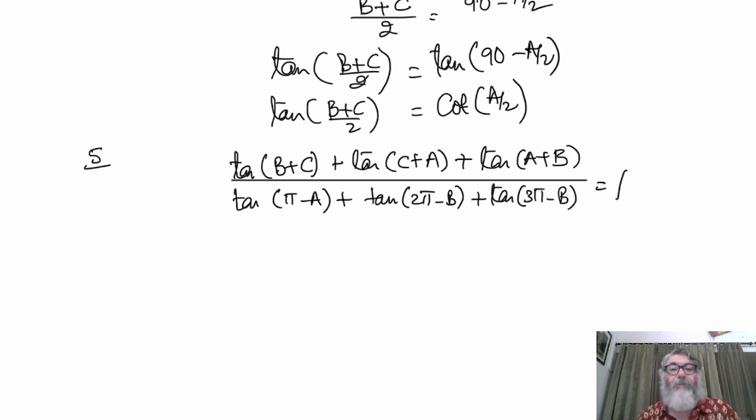We have to prove this left hand side equal to right hand side, and the left hand side is a very huge statement, and we have to prove it equal to 1.